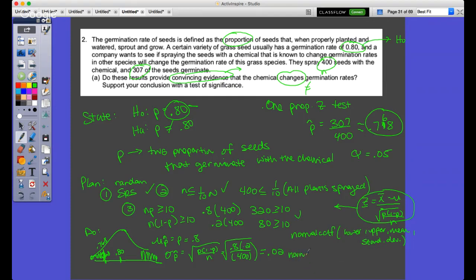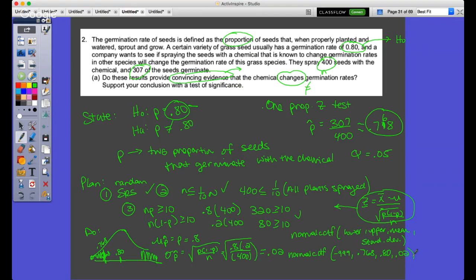Down here, unlike the t CDF, the normal CDF, I do not have to change 0.768 to a z-score. So I simply say negative 9999 to 0.768, with mean 0.80 and standard deviation 0.02. Let's see what it would be for just one side of it.